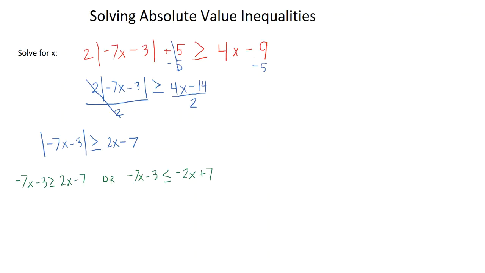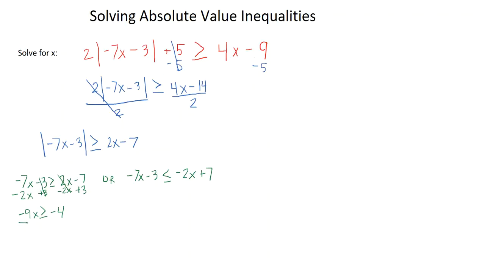And so now we can solve each of these. So we will get all the x's on one side and everything else on the other side. So we'll add 3 to both sides, and we will subtract 2x from both sides. And so now we have negative 9x is greater than or equal to negative 4.